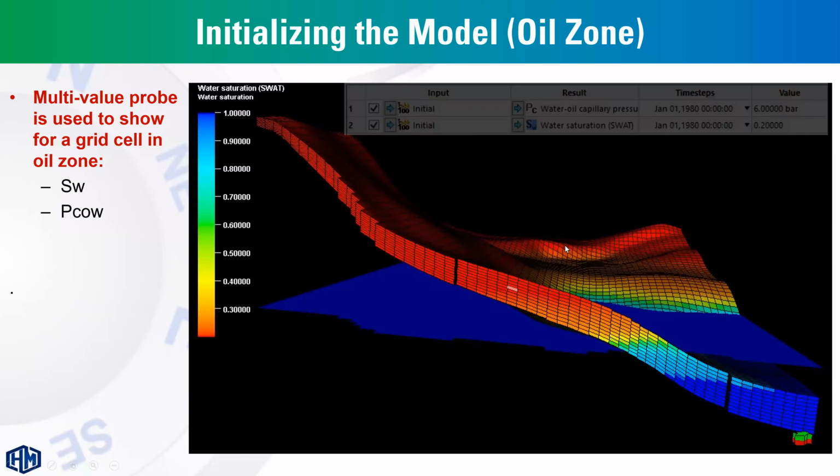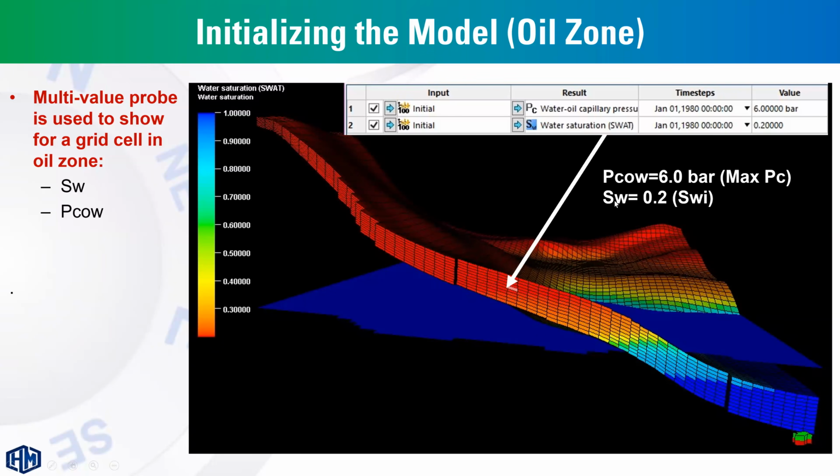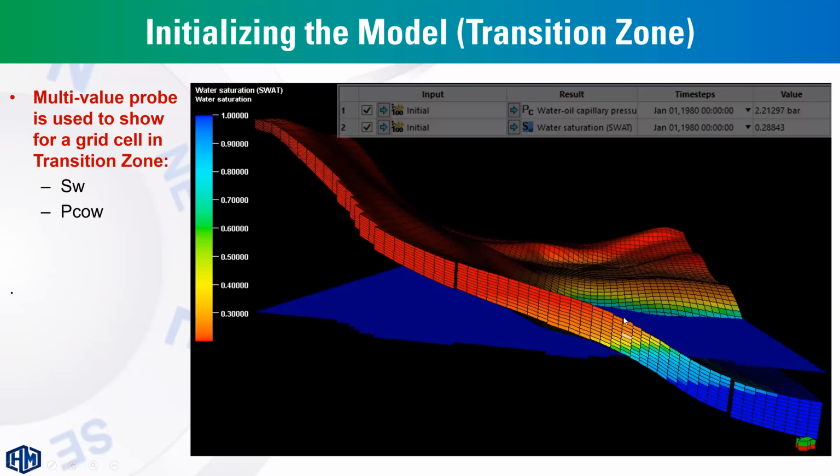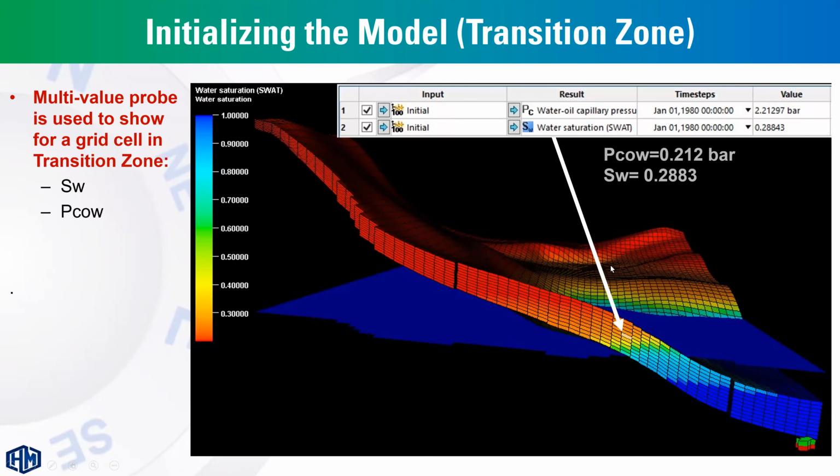So if you look at this grid cell, for example, the water saturation is 0.2, which is SWI at the maximum capillary pressure. But for the transition zone, the water saturation cannot be defined directly, but is computed using the rock physics functions and the fluid parameters.